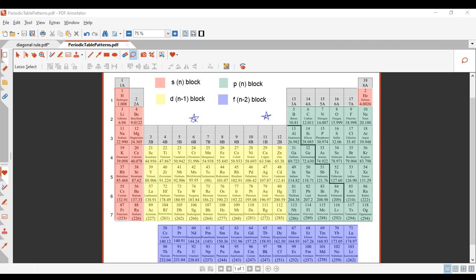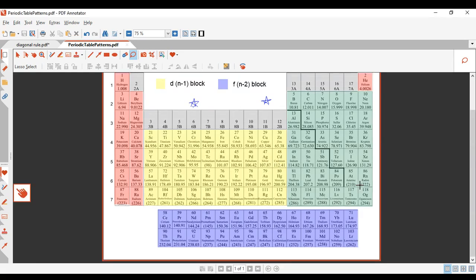Silver will end in 4d10 since it's an exception. The last block is the F block, and this is one where you have to be especially careful, and you also have to be careful with the D block in period 6 and 7.